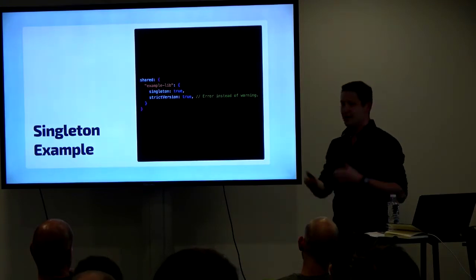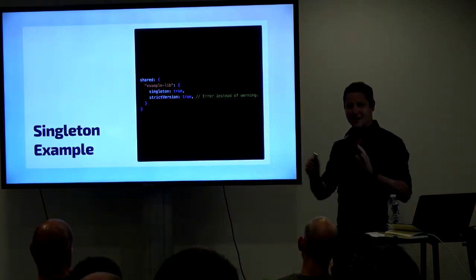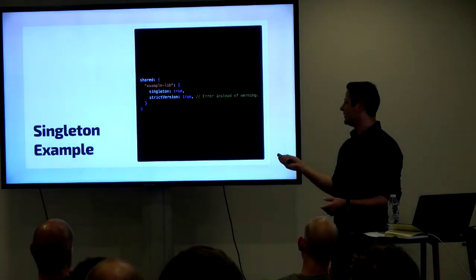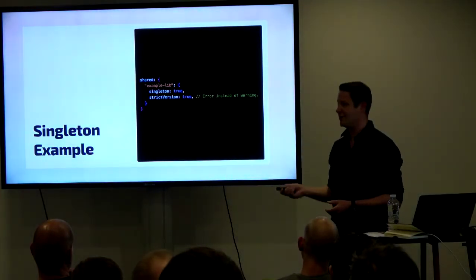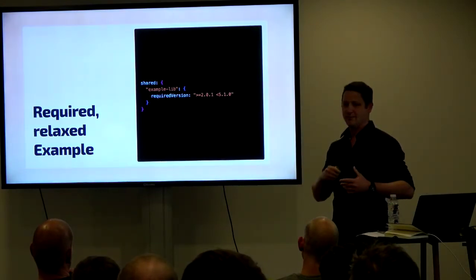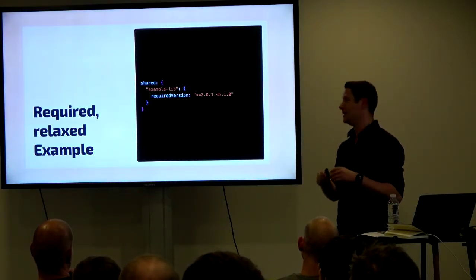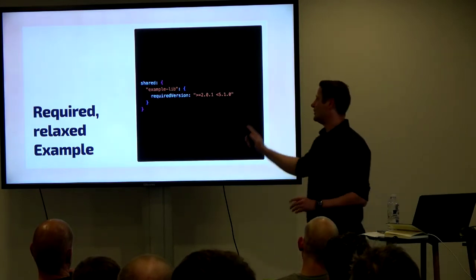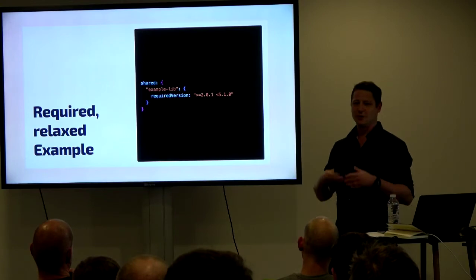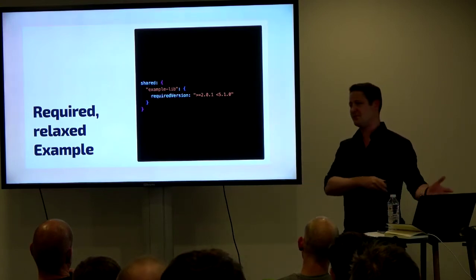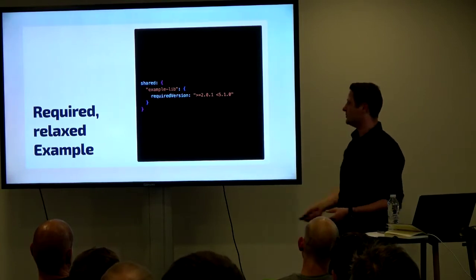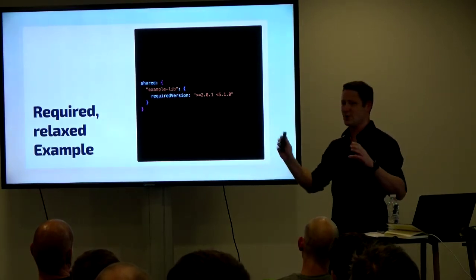So that way you'll get a little bit of help when developing to see that you have a singleton mismatch. You can do a required version or a relaxed version where you say, okay, I know this library is going to work between these versions because I'm only using the main functionality and not some of the newly discovered super functionality. So I just need it somewhere between here.